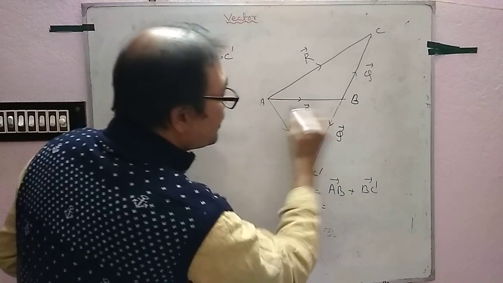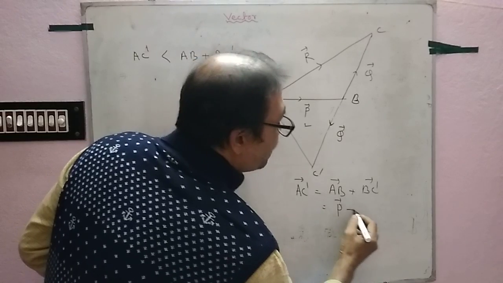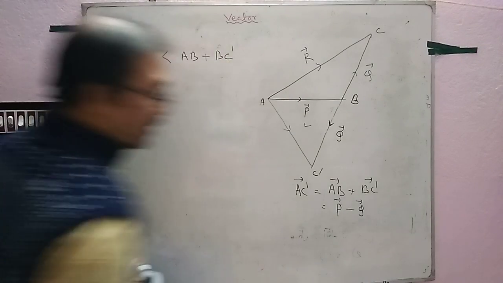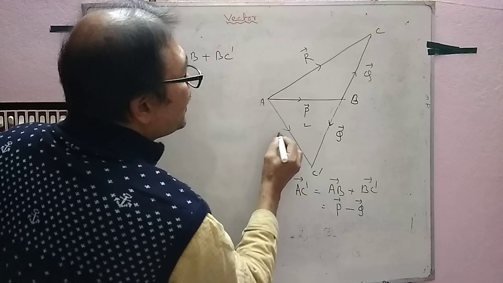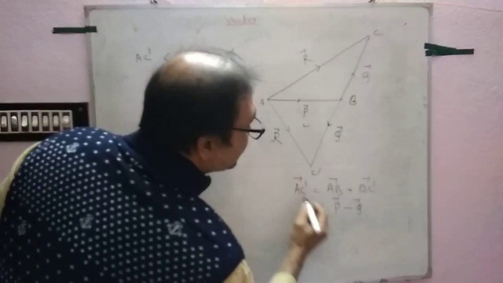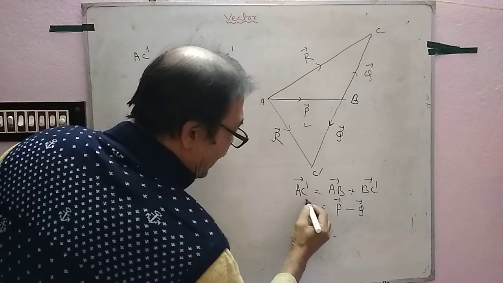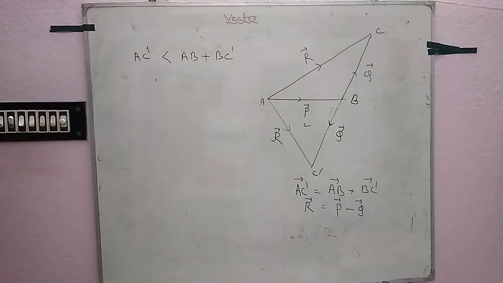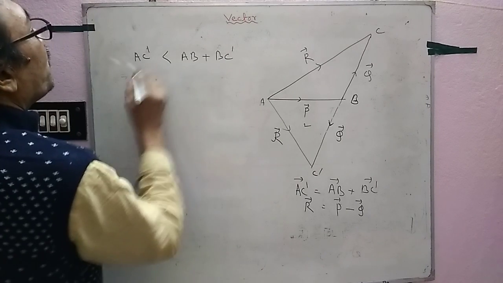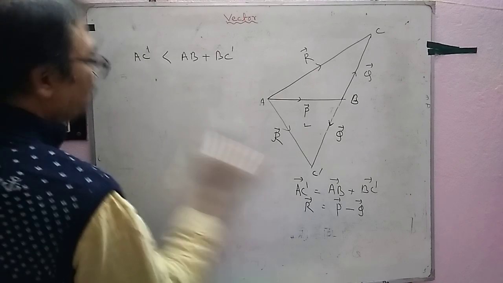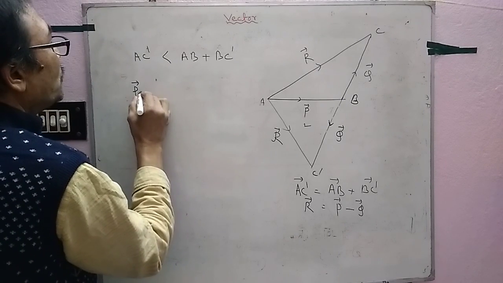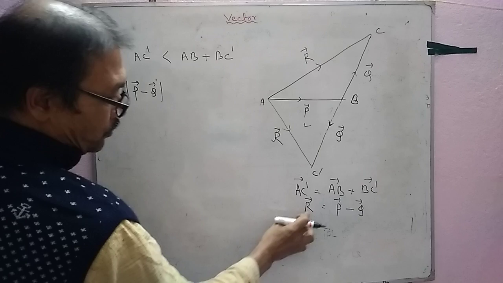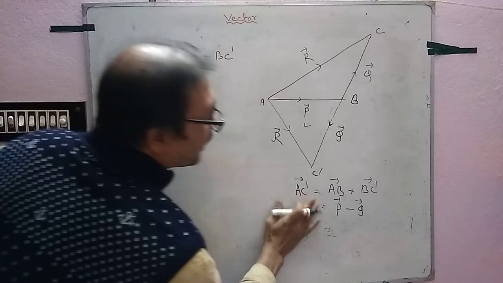AB means P and BC dash means minus Q, the direction opposite to BC. Clear? If AC dash is the resultant R dash, R vector equals P minus Q, subtraction of two vectors, which I taught in the previous class. Now AC dash equals P vector minus Q vector, mod.